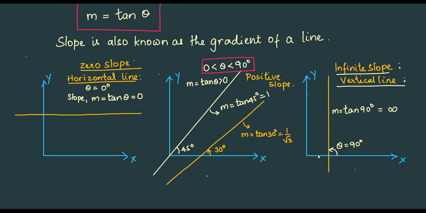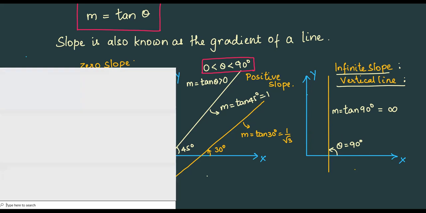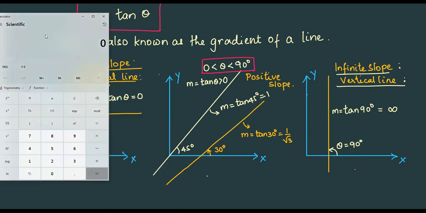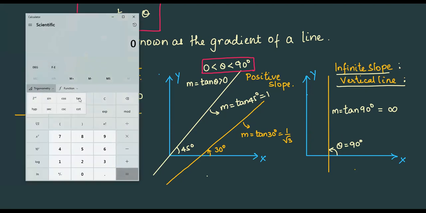However, you can see that the more the inclination goes closer to 90, like I'll just show the values of tan. Let us use a calculator. A scientific calculator here, trigonometric functions. So tan of 45, okay, tan 45 is 1.